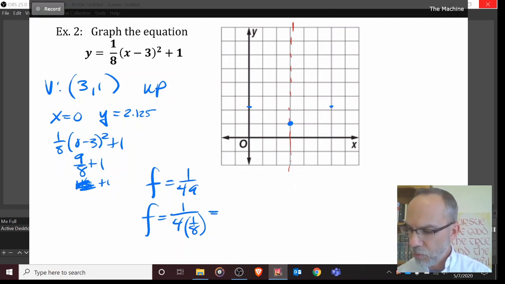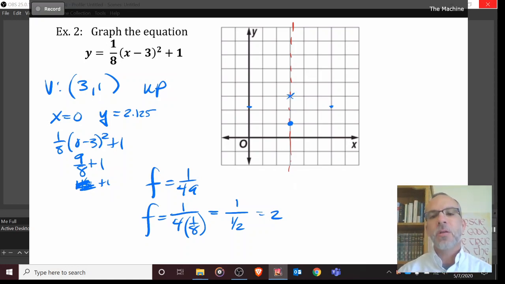That's equal to 1 over 4/8, which is 1/2. That's 2. So look here. The focus is up 2 points right there. I'm not going to plot a dot, I'm just going to plot an X right there to show me the space. Okay. So that's where the focus sits, and if you can see it, maybe it sits inside the bowl, right?